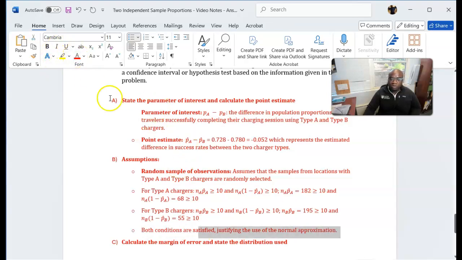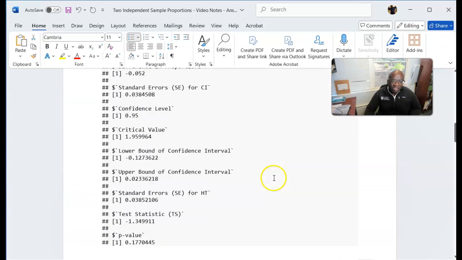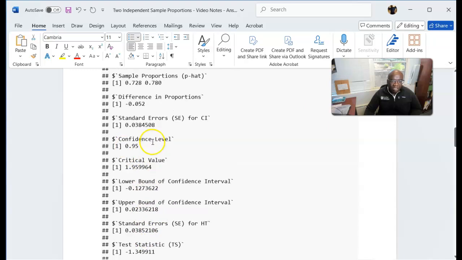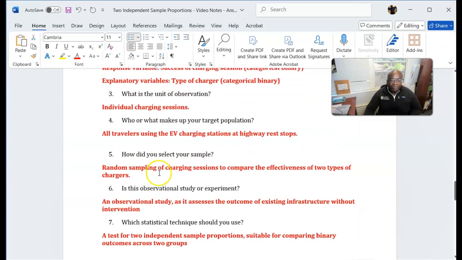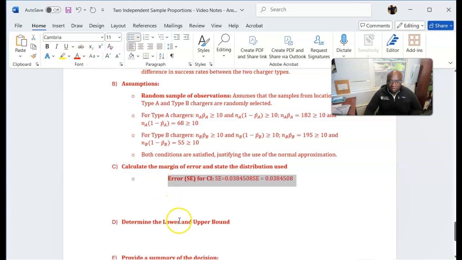Alright, so the margin of error, as we saw in one of the previous videos, is always going to be the critical value times standard error. Technically I gave you all these values in the analysis up here. So it's going to be 1.95 times 0.03845.